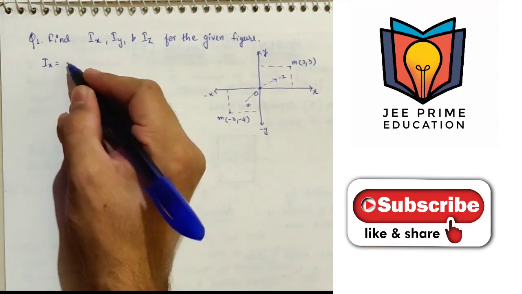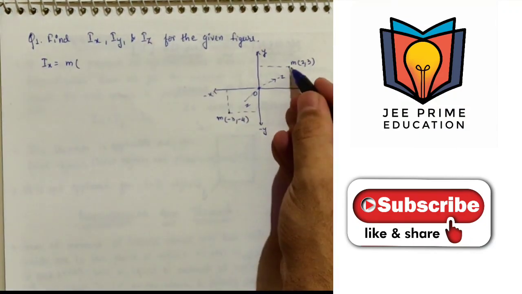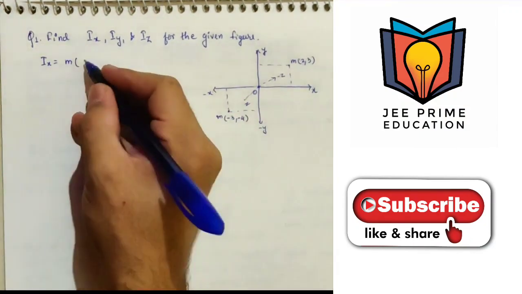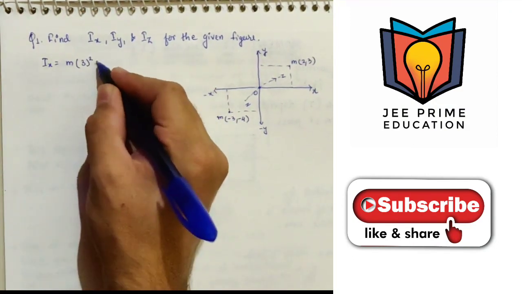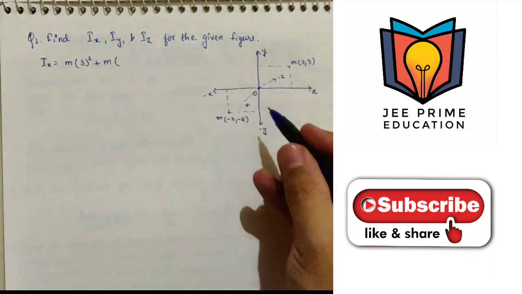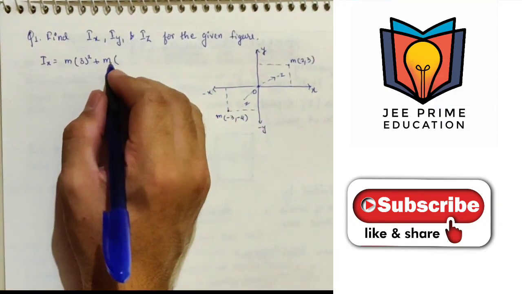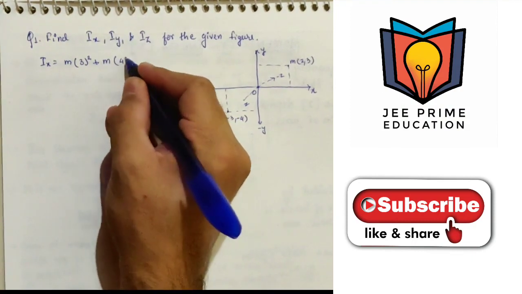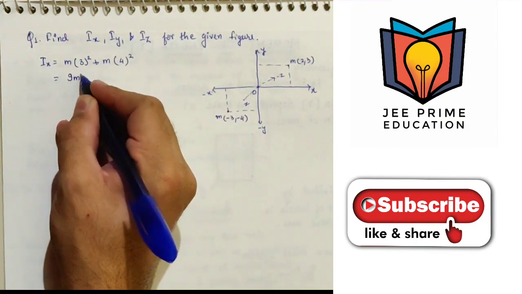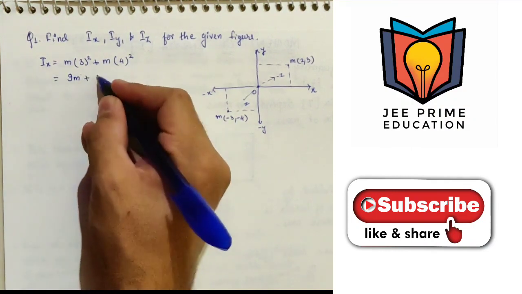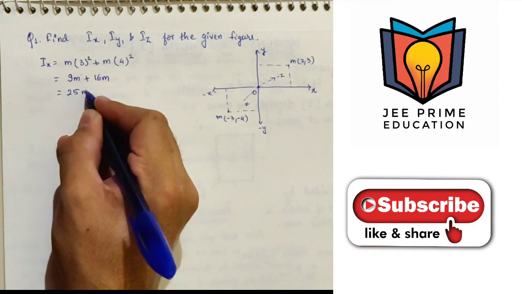We know that Ix is m into distance from x-axis. Distance is 3, so 3 square plus m into distance from x-axis, which is 4. So this will come out as 9m plus 16m, which is 25m.